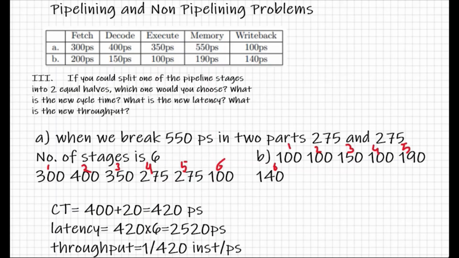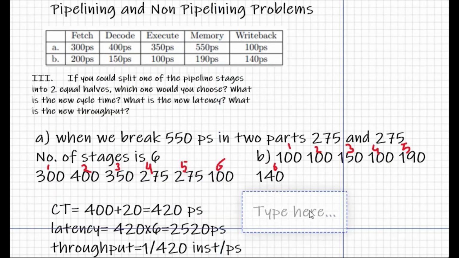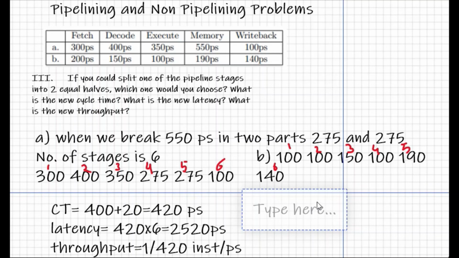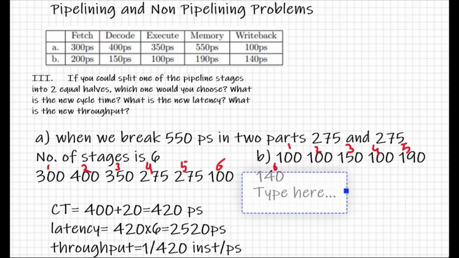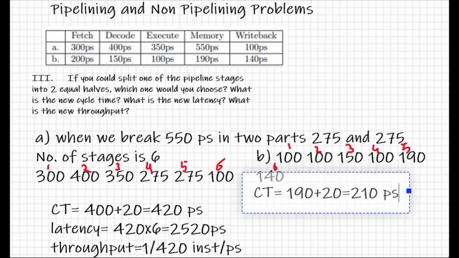Now we will calculate the CT for this one. So CT is equal to the maximum one. Your maximum is 190, so 190 plus 20 will become 210 picosecond.